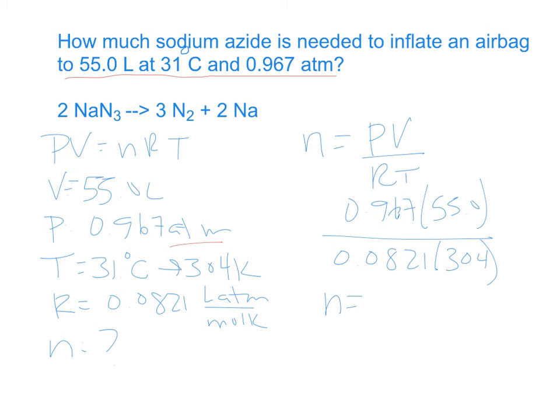And this gives me 2.131 moles of N2 needed to fill that 55 liters at 31 degrees Celsius and 0.967 atm. This gets me halfway through my problem. To finish it, I need to convert from my moles of nitrogen to grams of sodium azide. Don't worry about sig figs right now because we'll finish that later on.